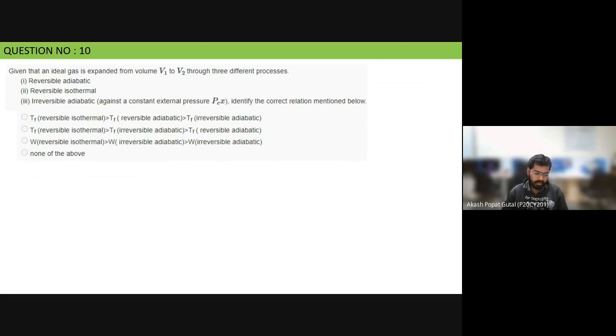So from the relation between work done by the gas at these three different conditions, we can get the relation between the final temperature. So we know from the discussion that work done by the isothermal reversible process is actually highest.